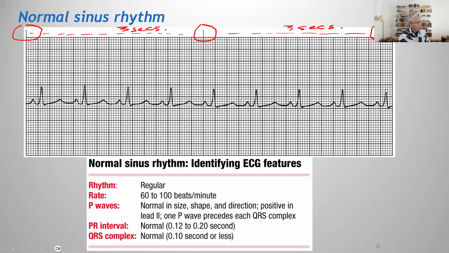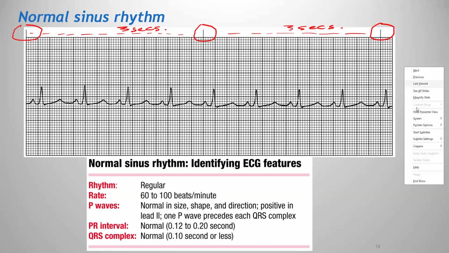So in this example, what would be our minute heart rate? How many complexes do you see? 1, 2, 3, 4, 5, 6, 7, 8, 9.